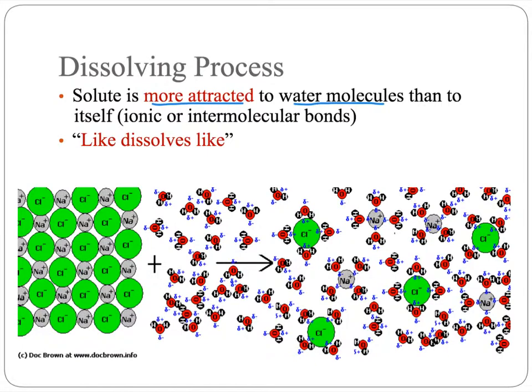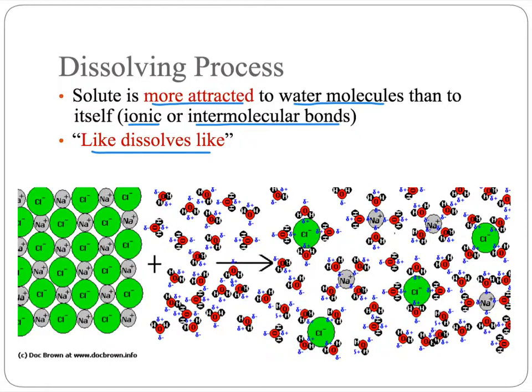The attraction to water is more overpowering than the ionic bonds that hold an ionic compound together, or the intermolecular bonds between covalent molecules. We use the phrase "like dissolves like" as a shorthand for this: things that are polar will dissolve in other polar molecules, and it really depends on this level of attraction.